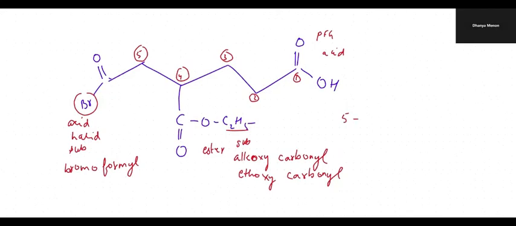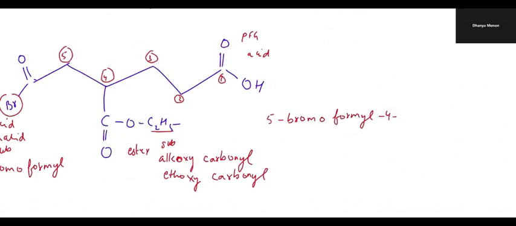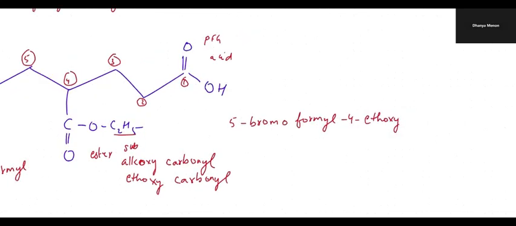So 5-bromoformyl, 4-ethoxycarbonyl, 5 carbon atoms, so pent, all single bonds. So pentane 1-oic acid, or you may just write pentanoic acid. So this is the name.